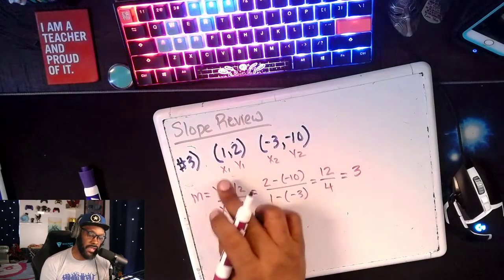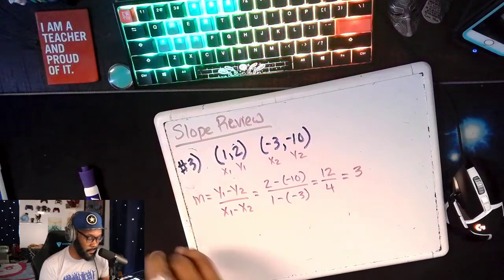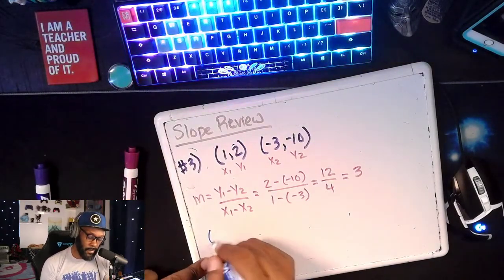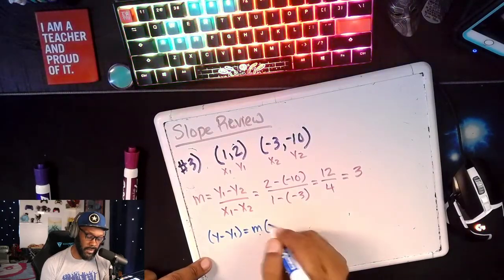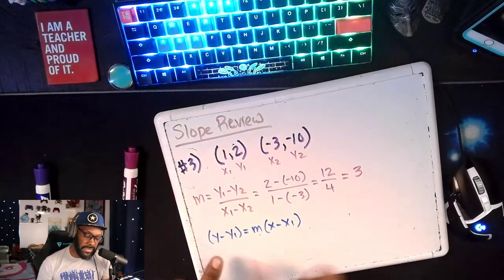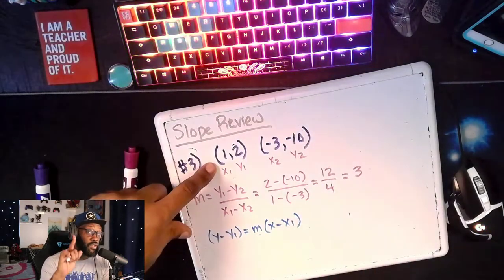I'm going to use this point because I'm going to put this all into my point slope form. Y minus y1 equal to m times x minus x1. I'm going to use this one because you don't use both points.